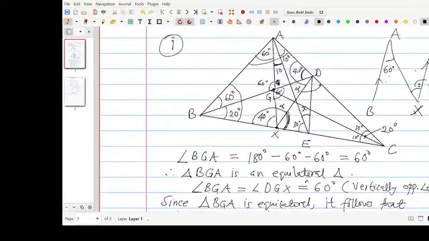And if you observe triangle CAG and triangle CAE, because this is CAG and we have CAG. From 10, I'm coming, excuse me, from 10 to 20.